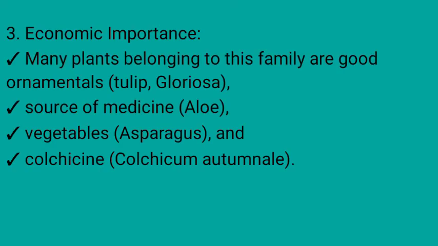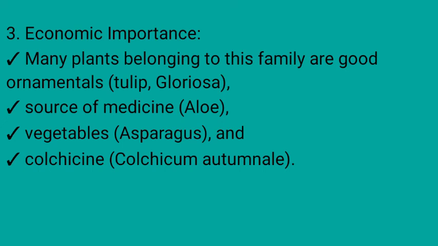The third one, economic importance of Liliaceae family. Many plants belonging to this Liliaceae family are good ornamental plants. Examples: tulips, Gloriosa superba. Some of them are sources of medicine, for example aloe vera.